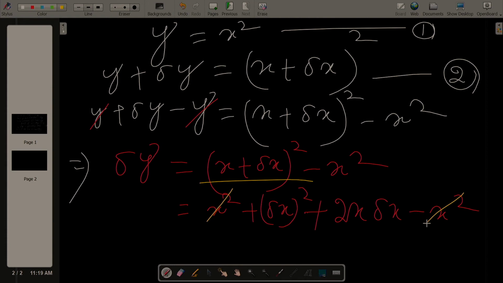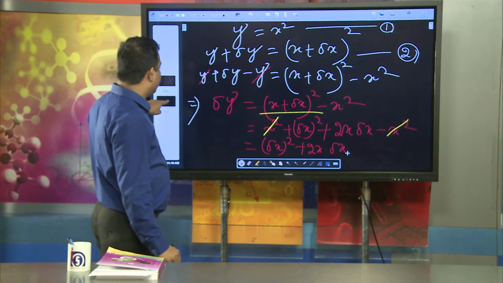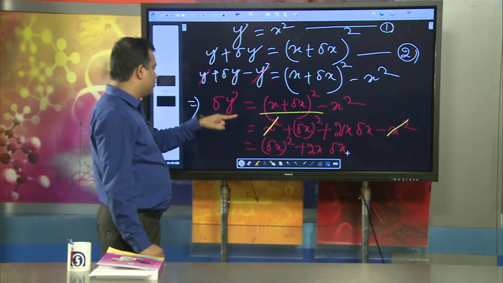The result is del x whole square plus 2x into del x. So del y equal to del x whole square plus 2x del x.